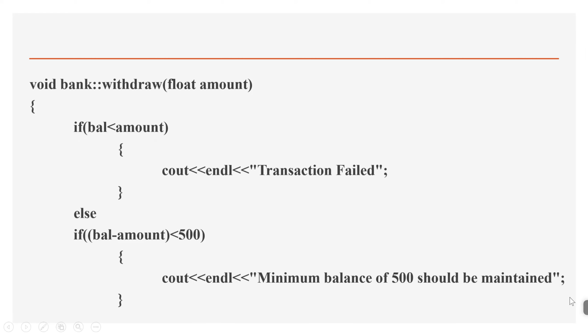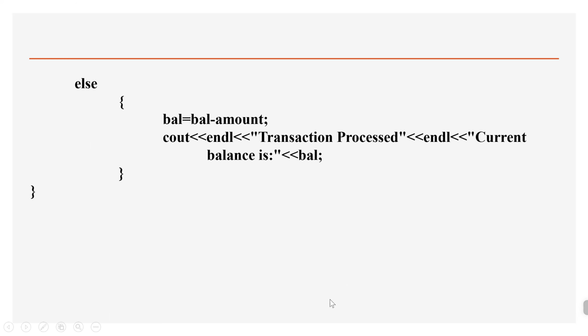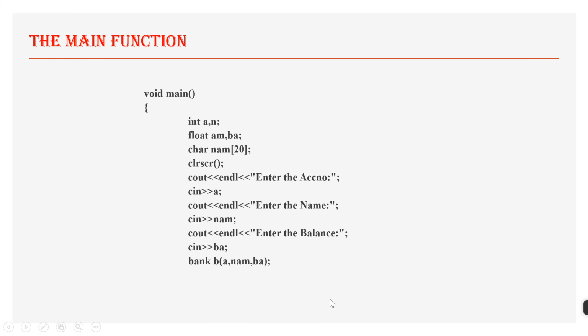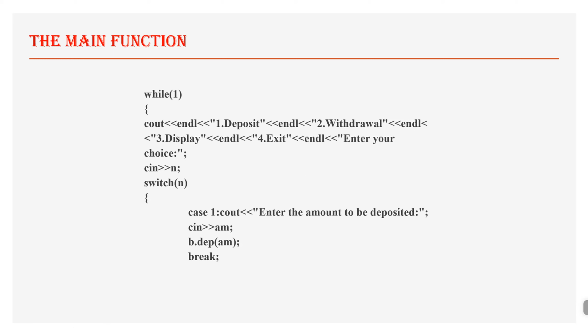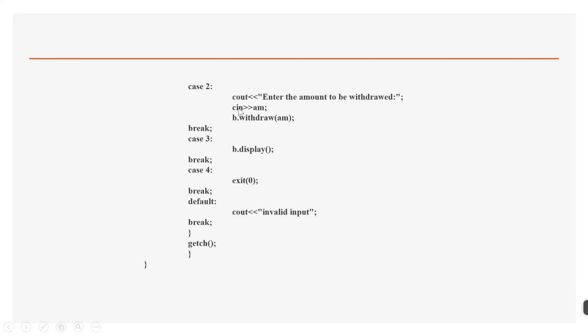Yes, it is true. So it sends a message stating that a minimum balance of 500 should be maintained. So the three conditions we have discussed. Withdrawal also we have discussed.